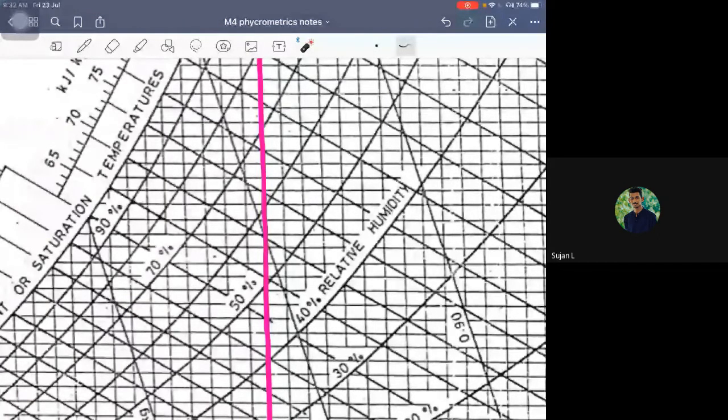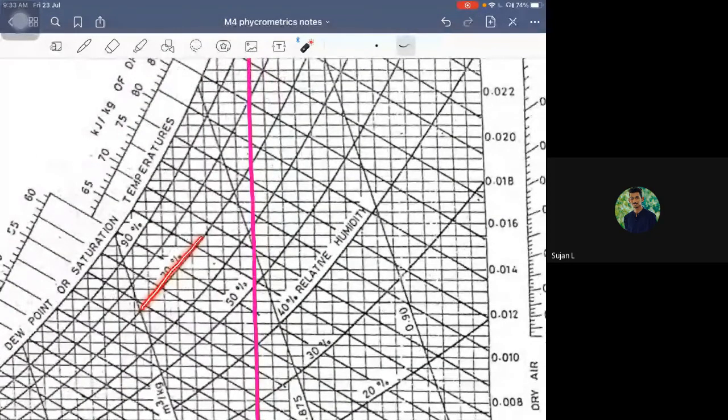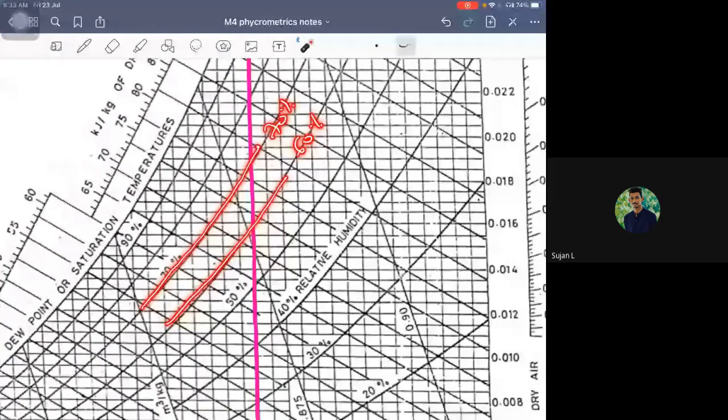And there is 80%. Now I should have a line that would come in between these two.